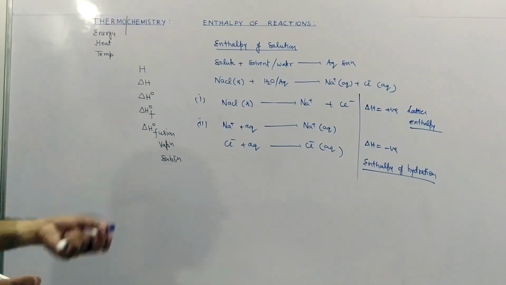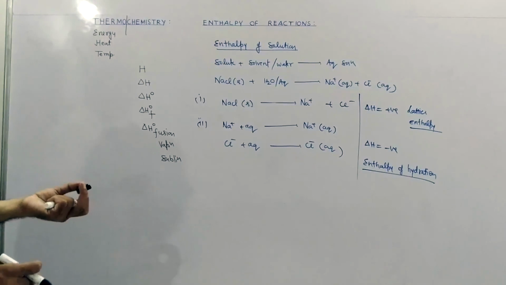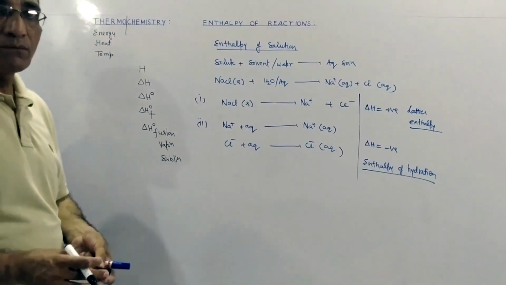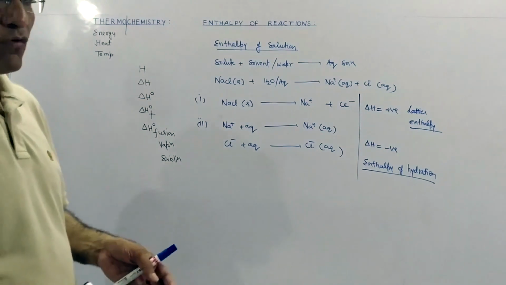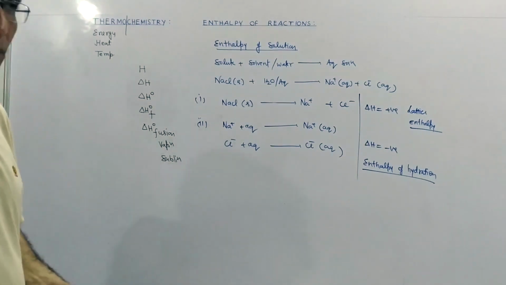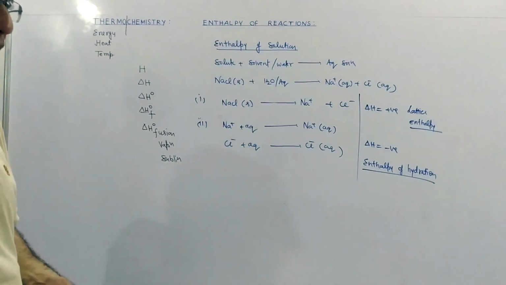Then we discussed enthalpy of solution, lattice energy, enthalpy of hydration. I hope now you can very well understand the difference between these various types of reactions, and this knowledge will help you while solving numericals, and you also know in which case you have to take delta H negative and in which case delta H positive.